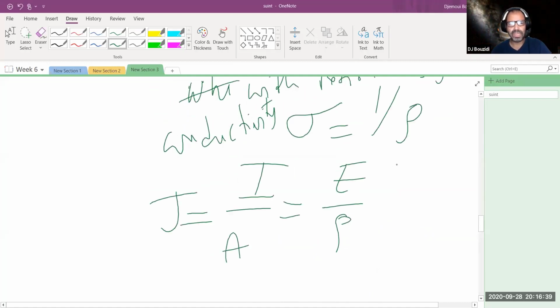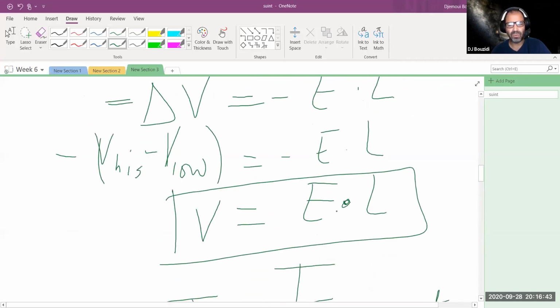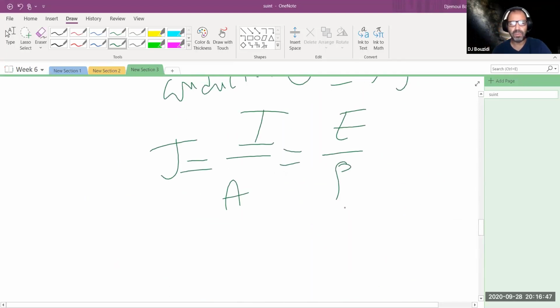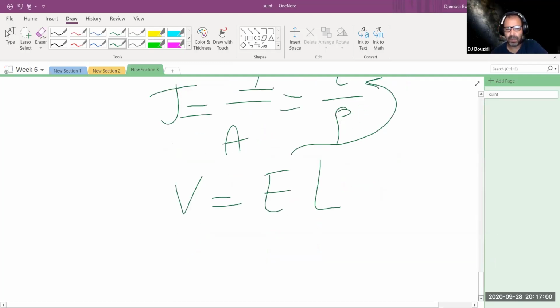Based on this, let's look at the expression for E first. E is equal to V over L. Remember from the previous argument, we saw that V is equal to EL. The difference in potential is that expression. So I'm going to replace the value of E in here and find an expression for V, the potential difference.